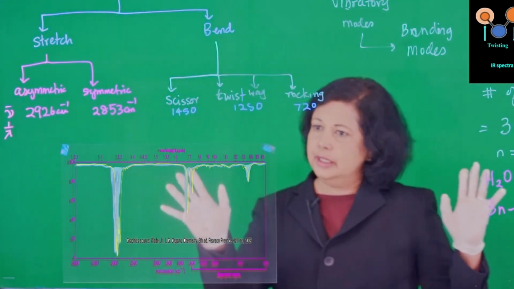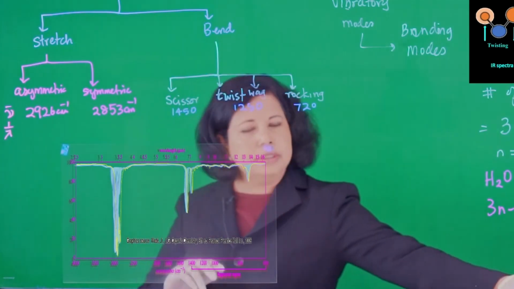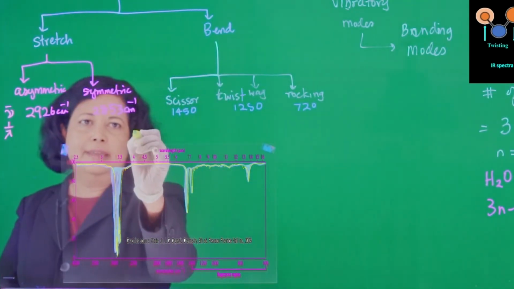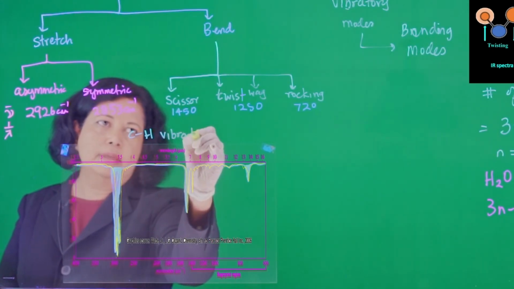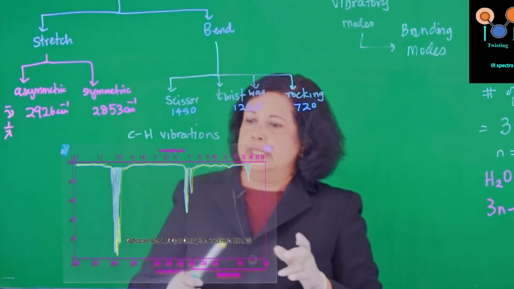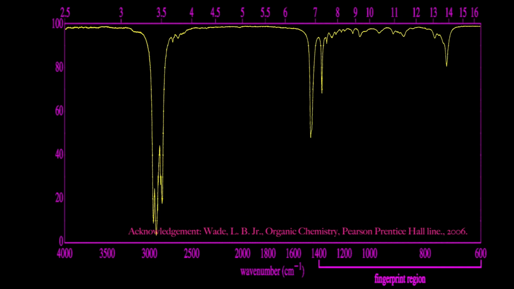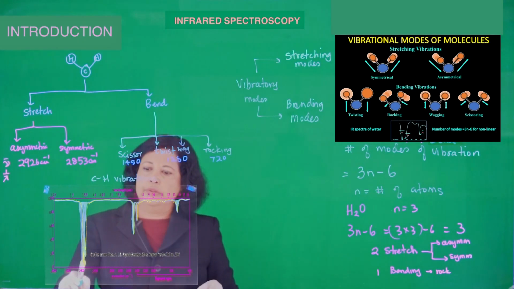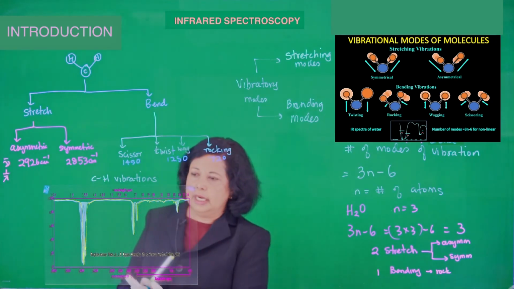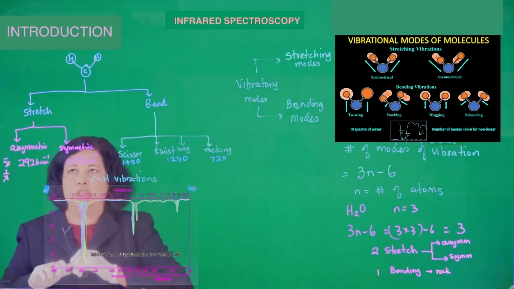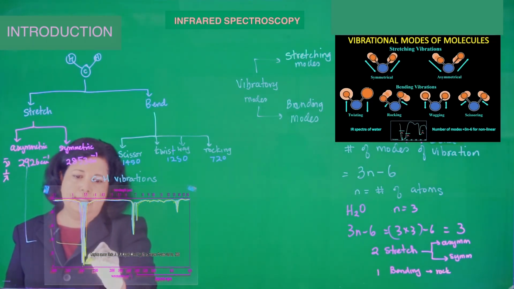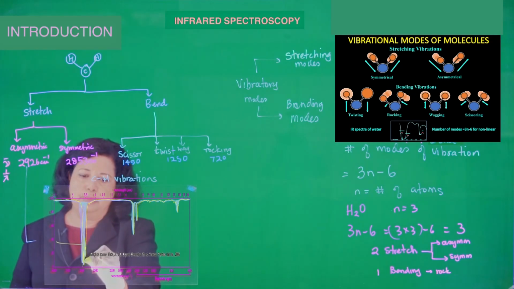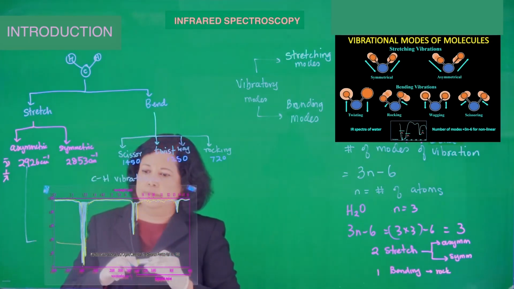All right, so here's a spectra that shows CH vibrations, basically CH vibratory modes, and where it's absorbing. Over here, the one furthest to your right would be the asymmetric stretch, which is this one. This actually has CH3 and CH2, but this would be your CH2.